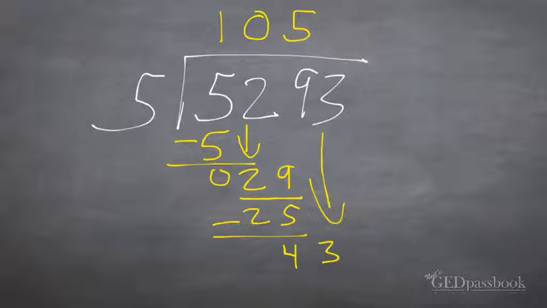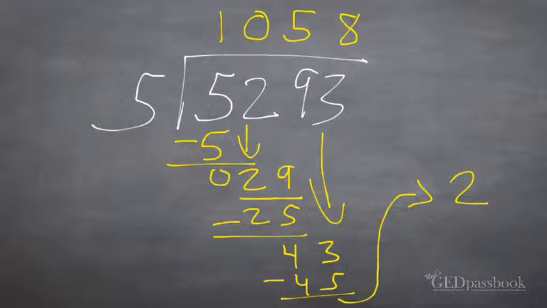And then ask yourself, how many times does 5 fit into 43? 5, 10, 15, 20, 25, 30, 35, 40. One more goes up to 45, which means I cannot use 9. It's 8. 45. I'm running out of space. What's the leftover? 2. We do not like that.